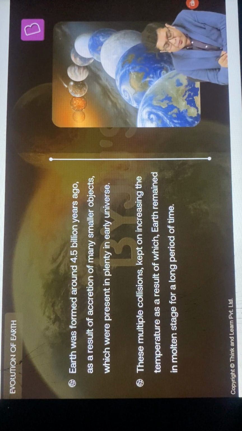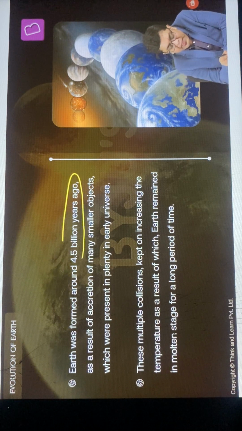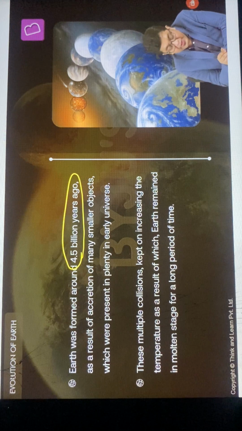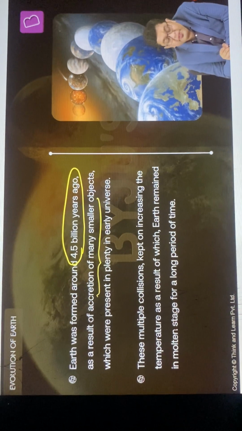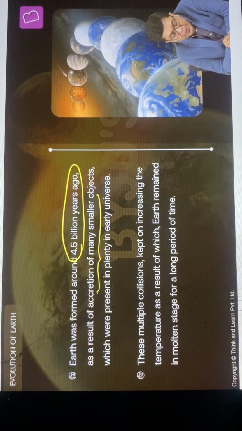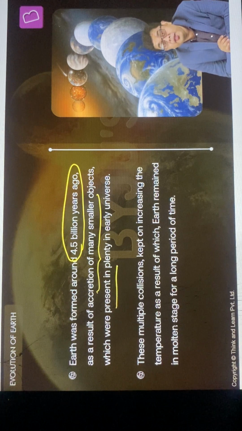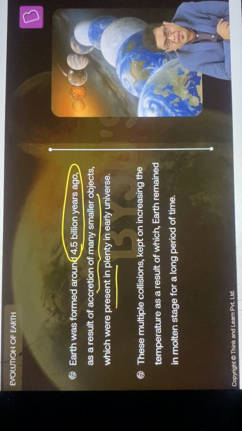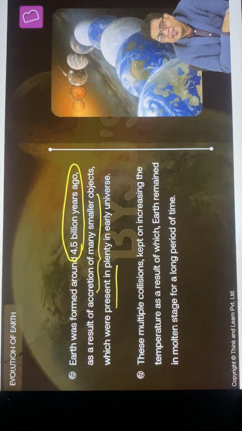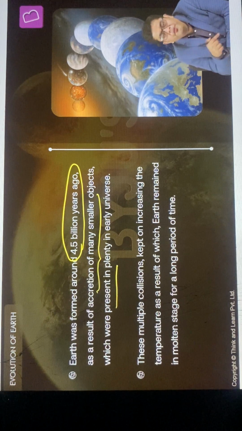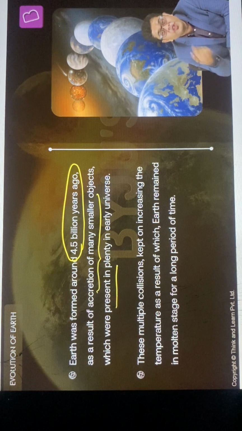So Earth was formed around 4.5 billion years ago as a result of accretion of many smaller objects which were present in plenty in the early universe and around our sun. Now here you have to understand this loop which sustained this kind of collision activity.